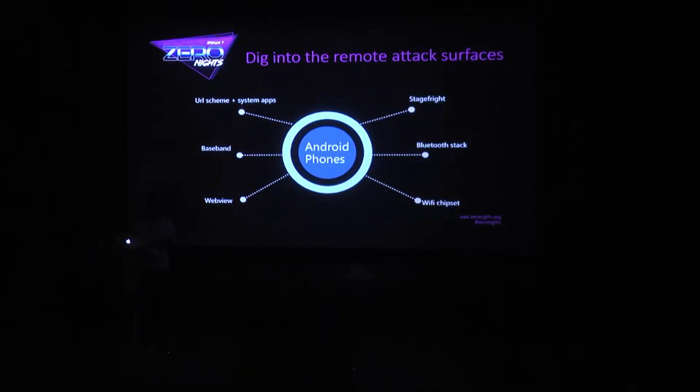This is also a common attack chain in Android phones, and lots of Mobile Pwn2Own cases are targeting them. Baseband, WebView, and Stagefright. There have been many vulnerabilities before. And the baseband attack was seen in this year's Mobile Pwn2Own, and Bluetooth stack, Wi-Fi chipset, and so on.